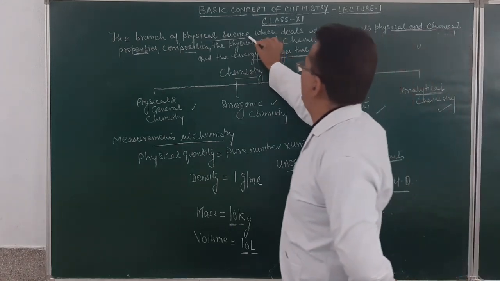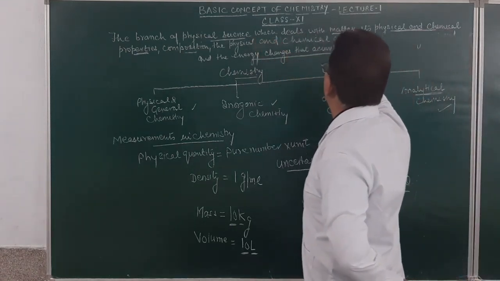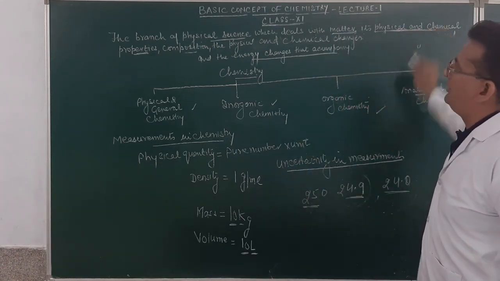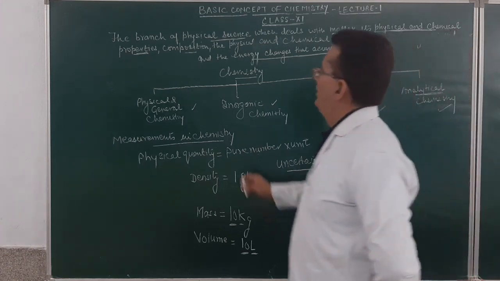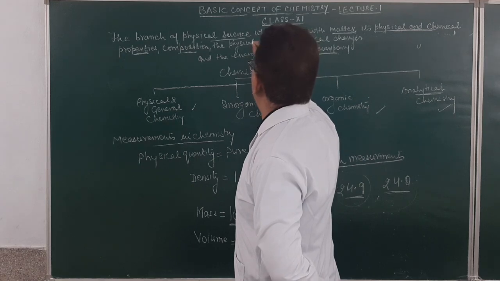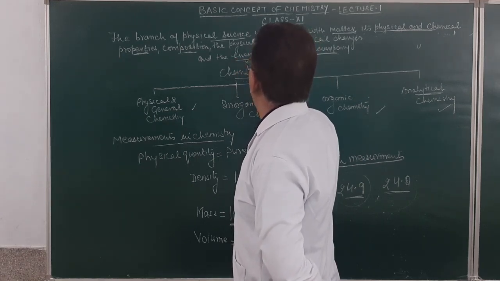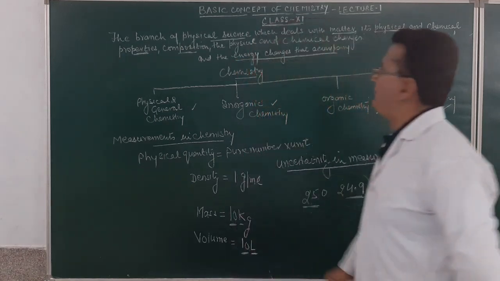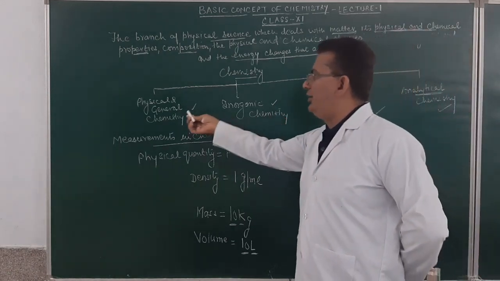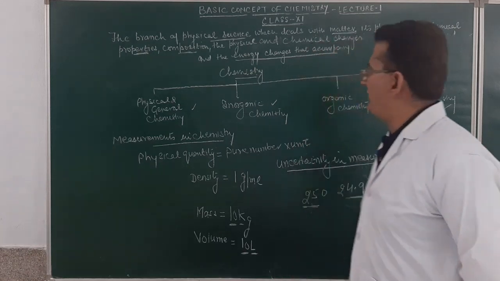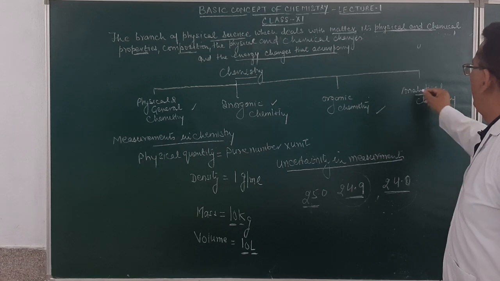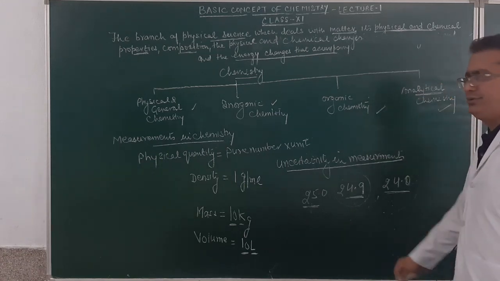Chemistry is a branch of physical science which deals with matter, its physical and chemical properties, its composition, the physical and chemical changes, and the energy changes that accompany them. Chemistry in your syllabus is divided into 4 branches: physical and general chemistry, inorganic chemistry, organic chemistry and analytical chemistry.